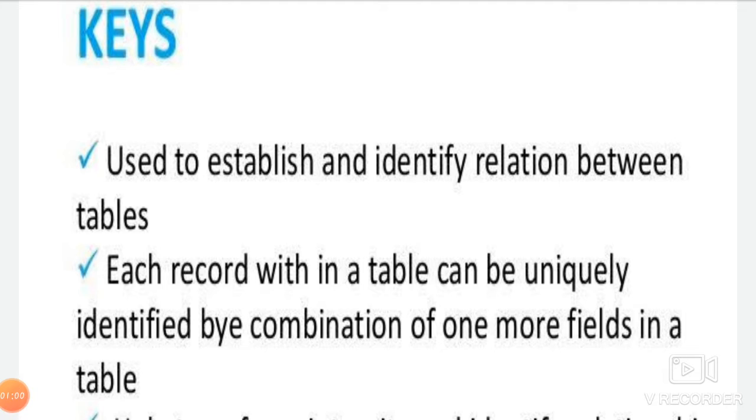So key, simply it is an attribute. We know that database management is dealing with tables, right? Collection of data that is stored in a kind of a table. So tables are made up of columns and rows. Each column is called an attribute or field, and each row is called a record or tuple.